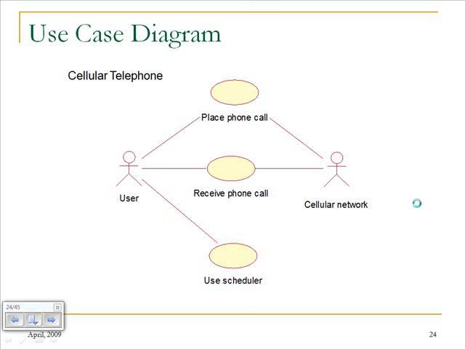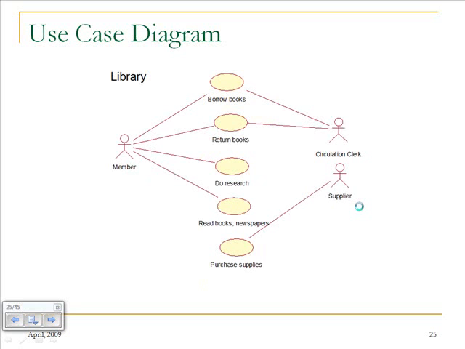Okay. So again, this use case shows you what kind of functions this cell phone can perform between user and cellular network. Okay. And here's another one. Again, you can go through those slides on your own. These are pretty straightforward.